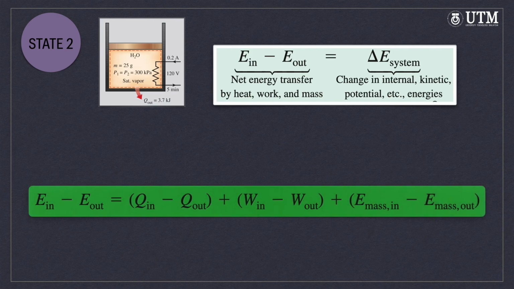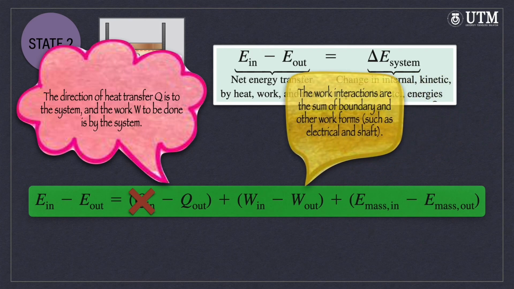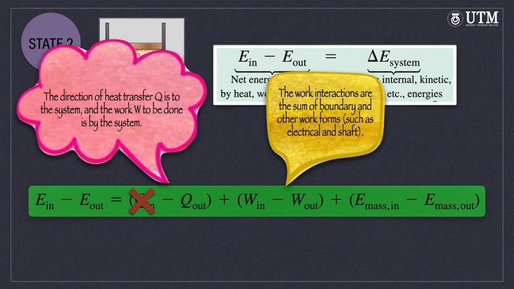The direction of heat transfer can be specified to the system, and the work is done by the system. The work interactions are the sum of boundary and other work forms, such as electrical and shaft.